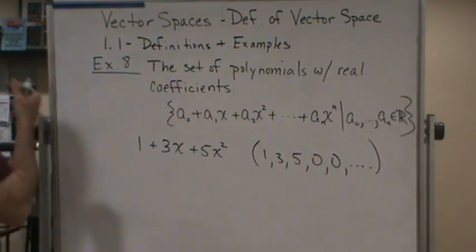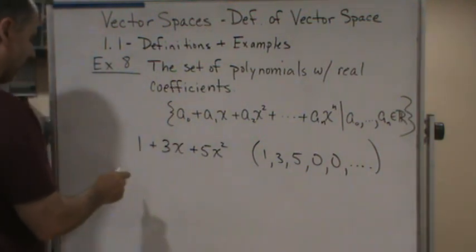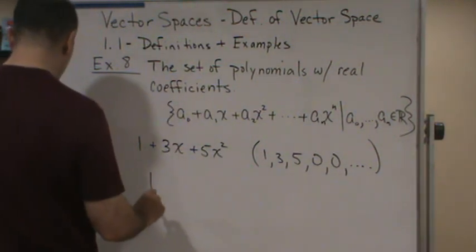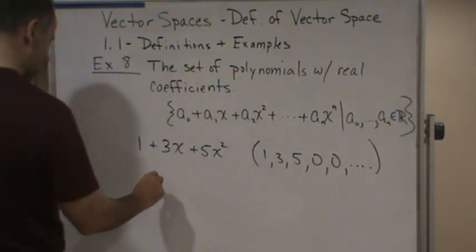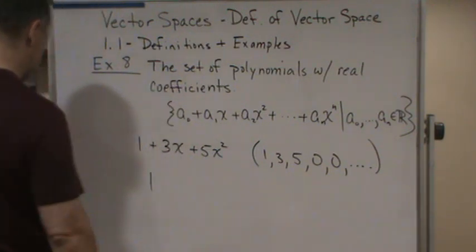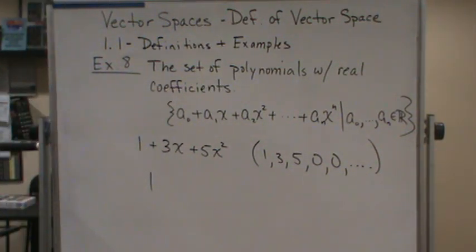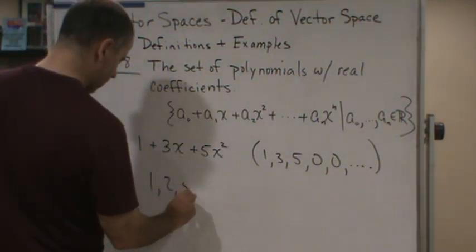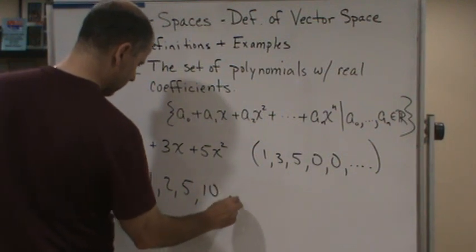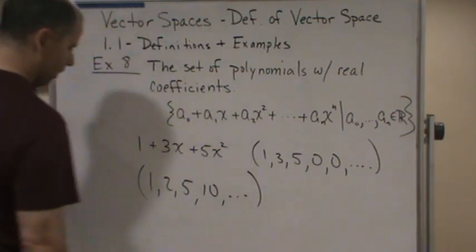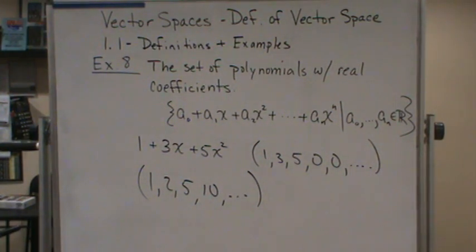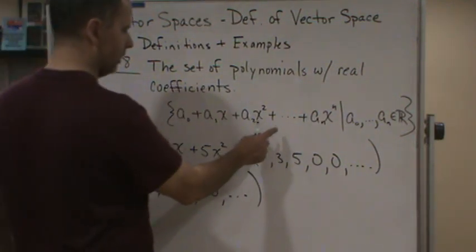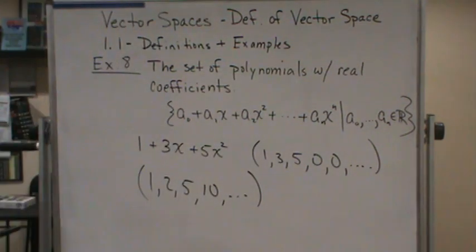So if we take the other example where we had this, how do I write it? The function 1, 2, 5, 10. Right? So there's no element from this space here that would correspond to this.